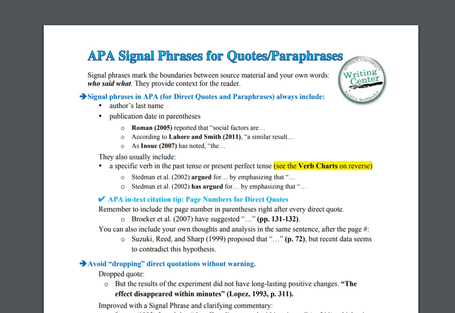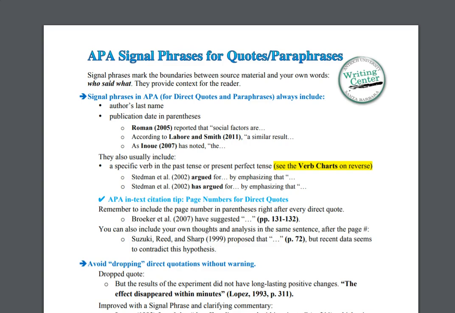As we discussed during the lesson on the quote sandwich, the author needs to be a credible author. You need to show the date, and you need to lead in this quote. We talked about that introduction, which here we're calling a signal phrase.